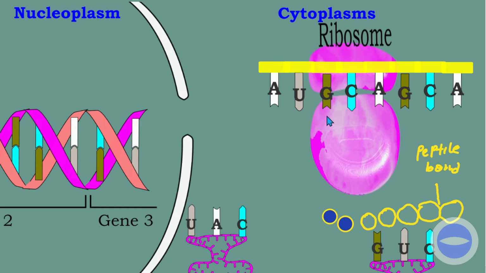If they match, then it leaves the amino acids, and then another one will come and match, and it also leaves the amino acid. So the sequence of putting these amino acids is from the DNA. So this is how translation works.